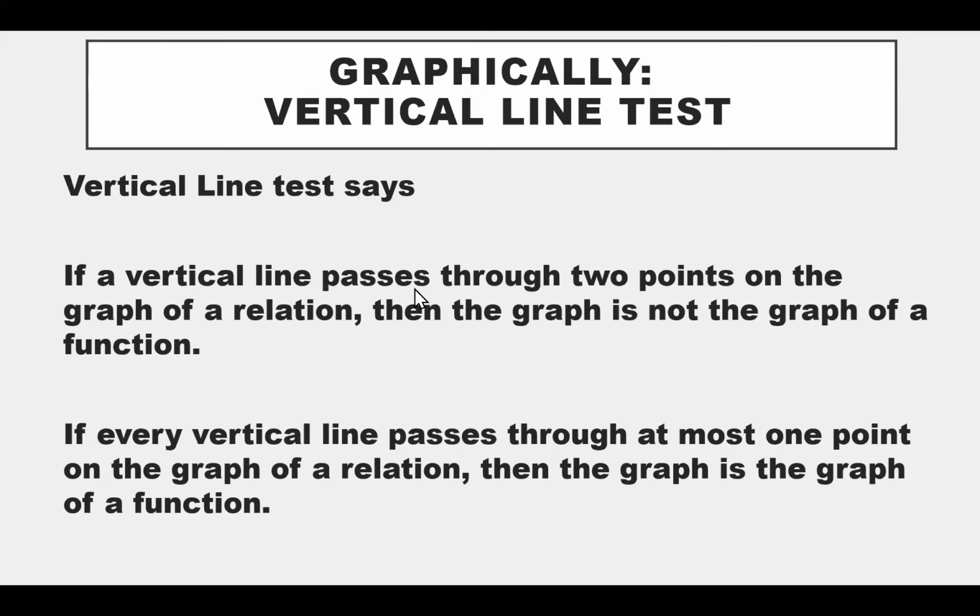If a vertical line passes through 2 points on the graph of a relation, then the graph is not the graph of a function. So that relation is not a function. If every vertical line passes through at most 1 point, could pass through 0 points, but if it passes through at most 1 point of the graph, then the graph is the graph of a function.